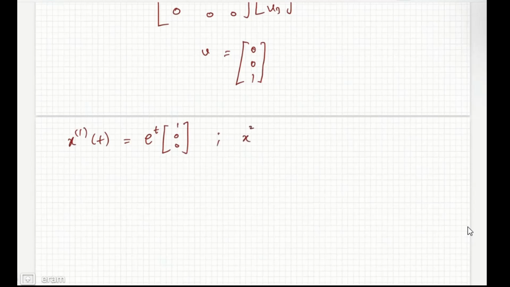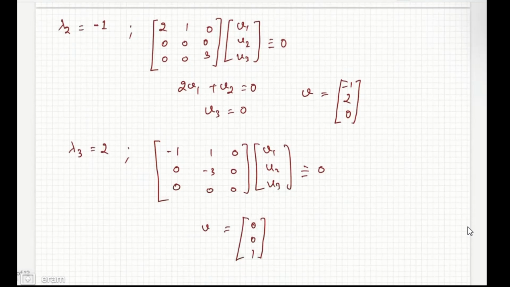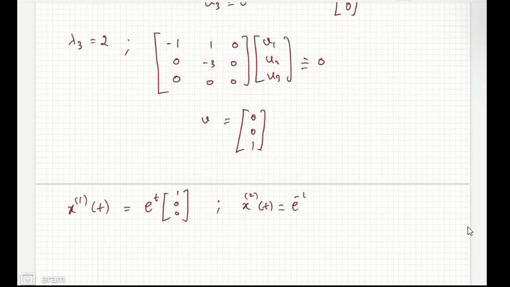For x2(t), it will be e to the power minus t times minus 1 2 0. For x3(t), it should be e to the power 2t times 0 0 1.